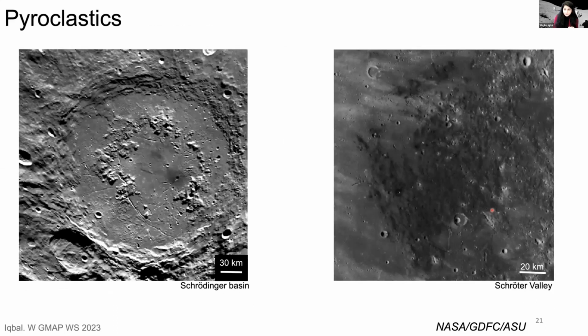We can also identify pyroclastic deposits on the Moon. Like on Earth, they are fine grain material, but the deposit depends on the volume. So we can find a very small deposit, here is one in Schrodinger Basin, and we also find them in a larger volume where they cover or overlay several other geological units.